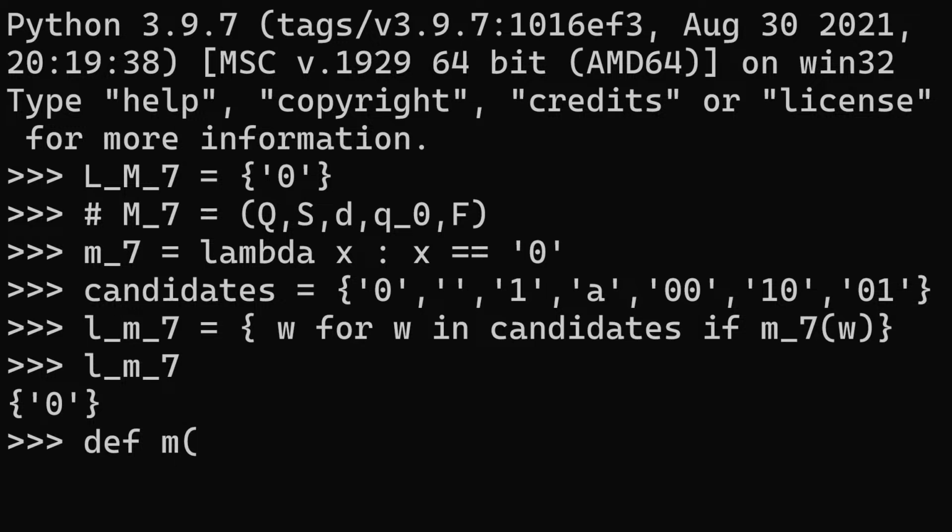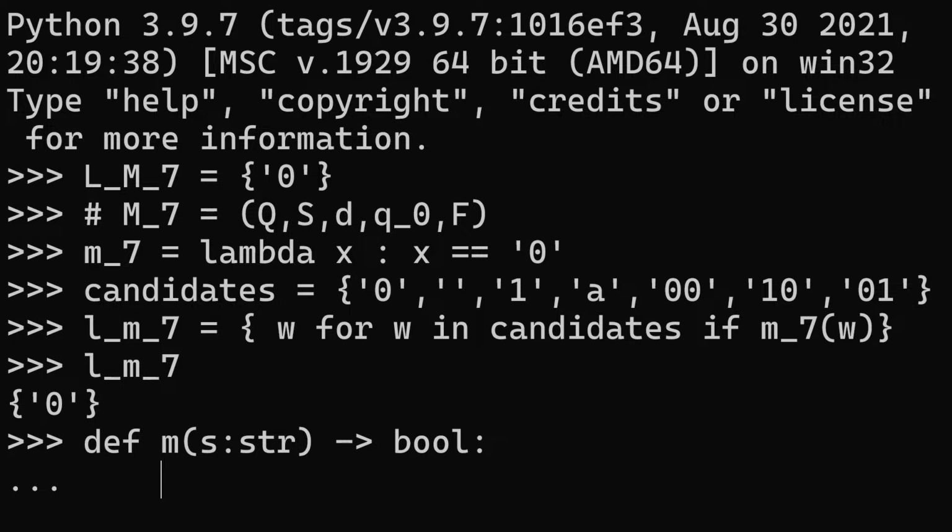It accepts some string, S, which is of type string. I could equivalently argue it should be of type int, because they're bit strings, which are either numbers or strings. It makes no difference, right? And this is going to return, we usually say a 0 or a 1, but we can also say it returns a Boolean. It makes no difference, right?